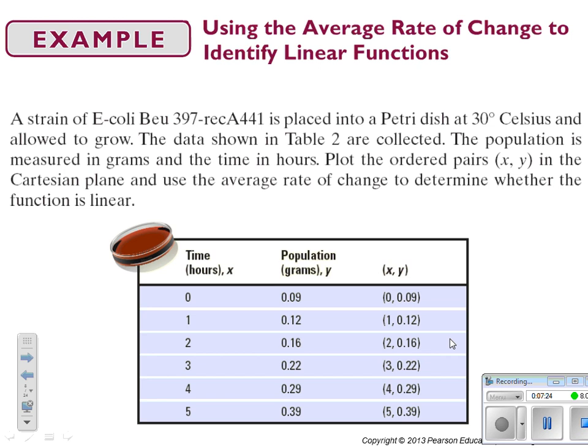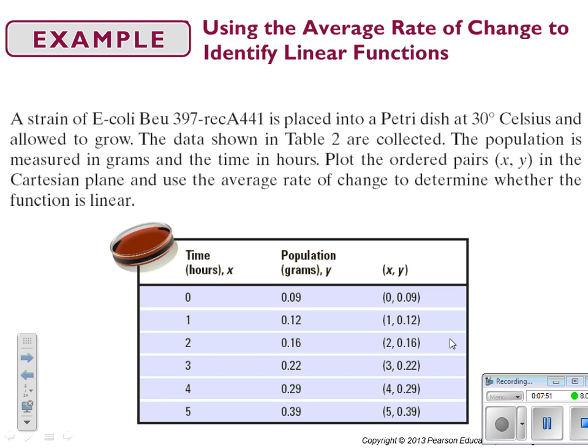All right, so our first example problem. I'm going to read through it. A strain of E. coli BU 397 Res A 441 is placed into a petri dish at 30 degrees Celsius and allowed to grow. 30 is pretty warm because room temperature is usually 25.